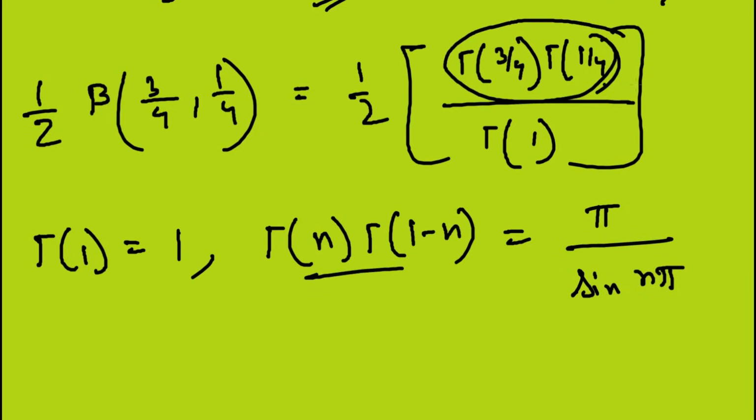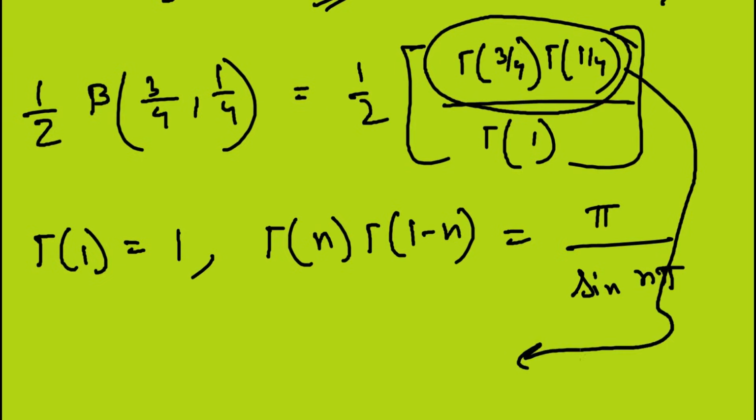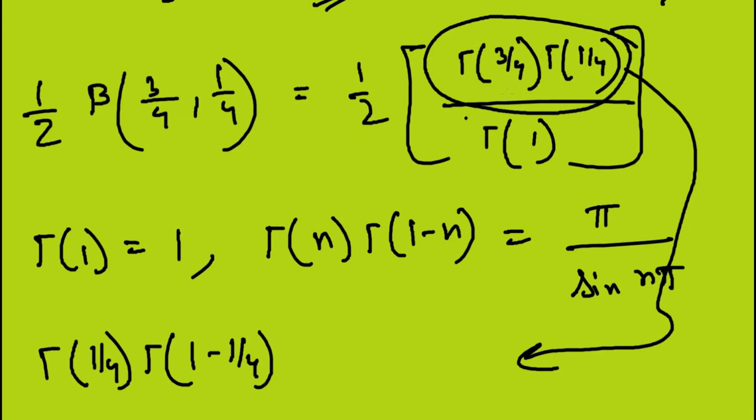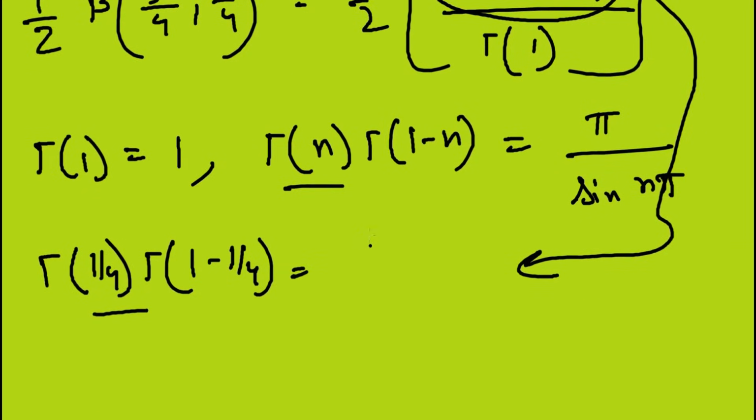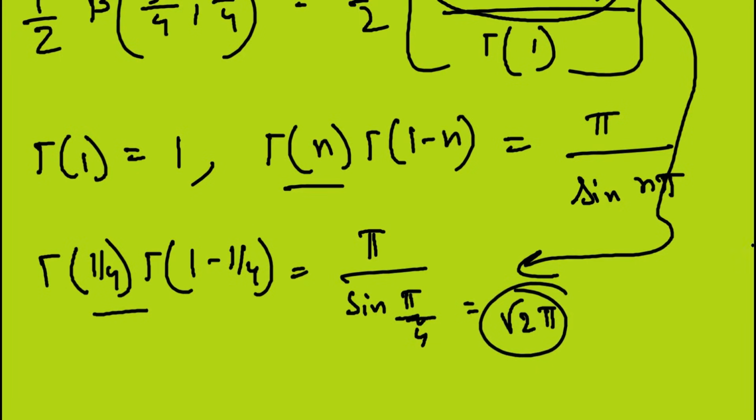Gamma 3 by 4 times gamma 1 by 4 is gamma 1 by 4 times gamma 1 minus 1 by 4, because 3 by 4 is nothing but 1 minus 1 by 4. So n is 1 by 4. So this is simply equal to pi divided by sin pi by 4. What is sin pi by 4? 1 by root 2. So this is root 2 times pi.